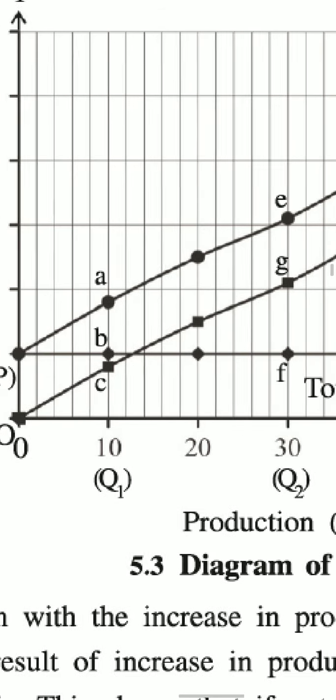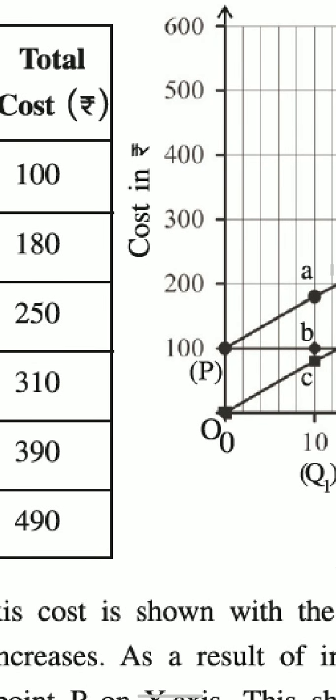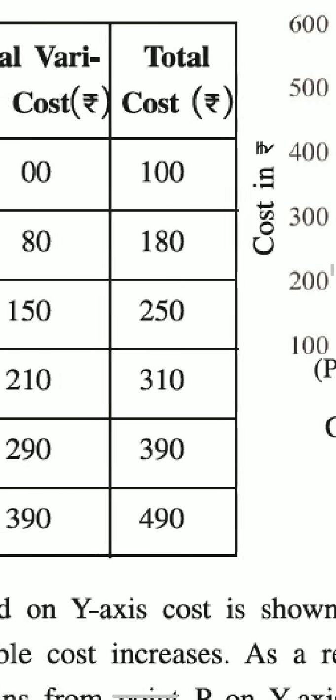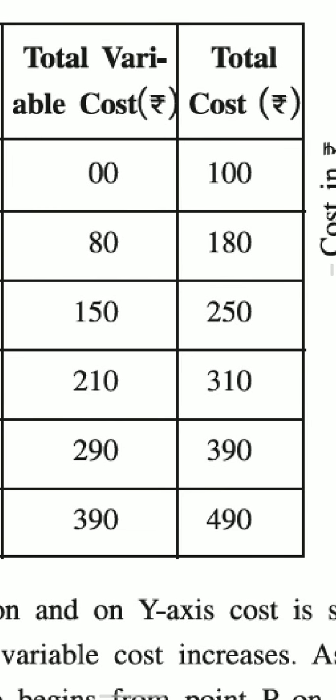The difference between the two curves, that is the total variable cost and the total cost curve, will always remain the same, because whenever you subtract the total variable cost from the total cost, you will get only the same figure, that is 100. So 100 minus 0, 100; 180 minus 80, 100; 250 minus 150, 100. Why?